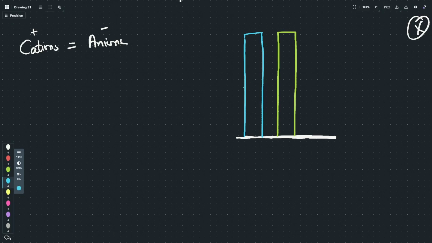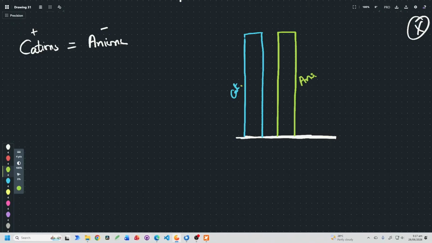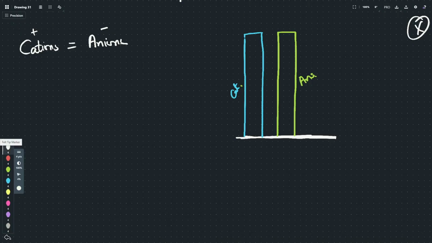So these are cations and these are anions, cats and ants, right? So it means that some of the cations that we routinely measure in the laboratory are measured cations, and then there are certain cations which we do not measure in the laboratory, and those are unmeasured cations.